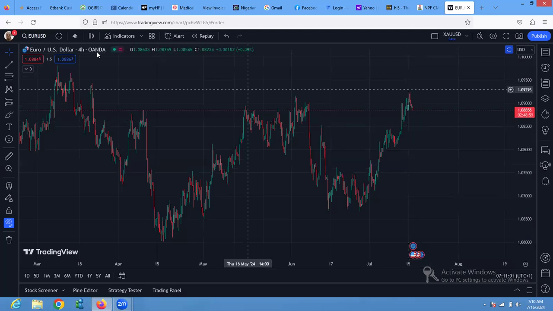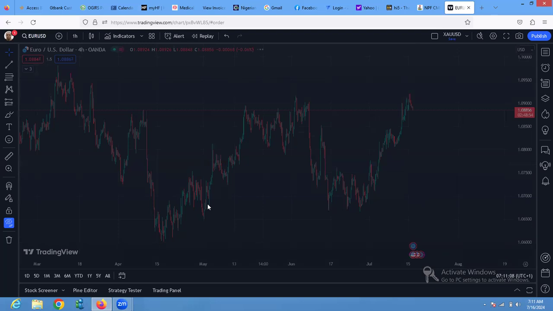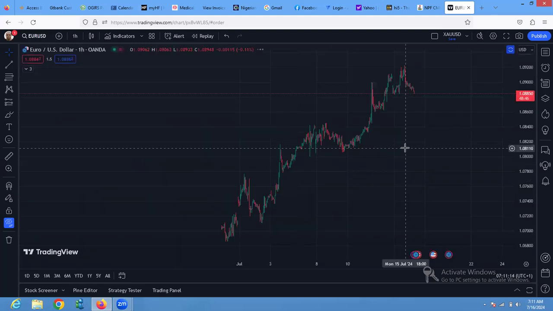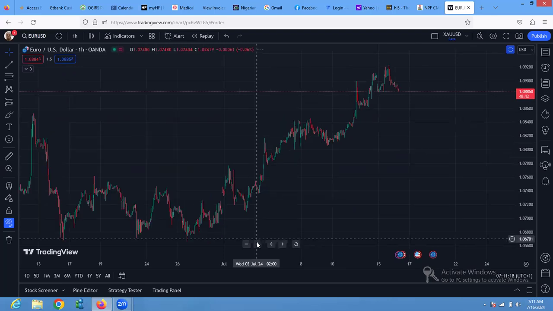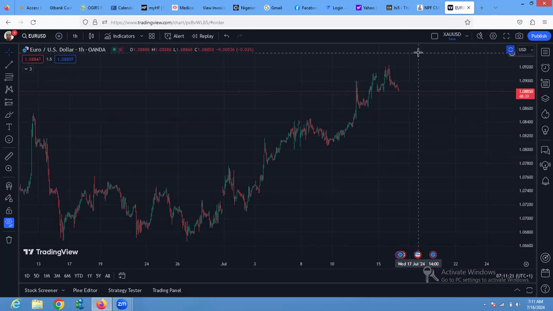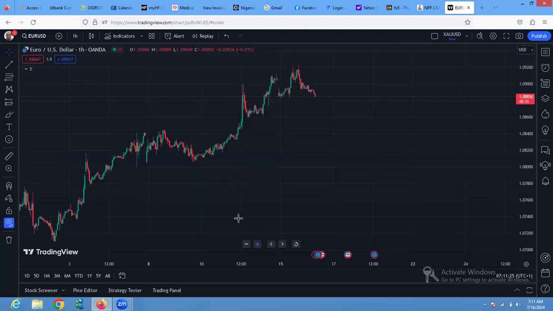At times we don't know how to engage corrections and pullbacks. So this is what we have so far. We are still in an uptrend and yet to finish up.